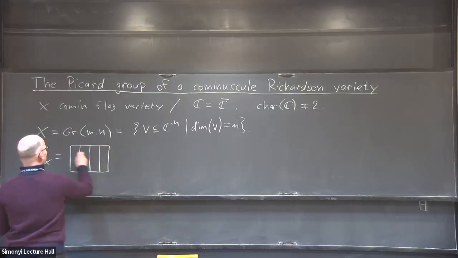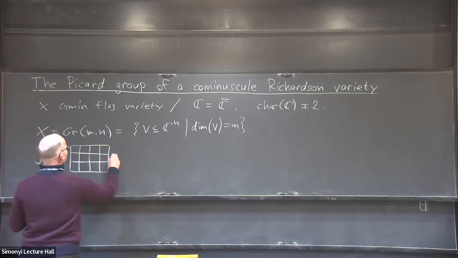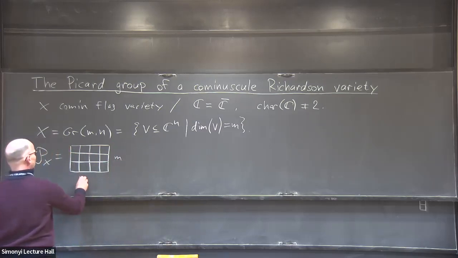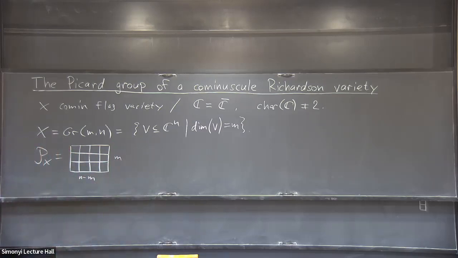This one has m rows and n minus m columns, and as Lauren was saying, you should always use partitions, no matter what you do in the Grassmannian, unless you have a really good reason. Otherwise, use partitions. Alan and Terence Chow had a good reason at some point, but there are a few exceptions.